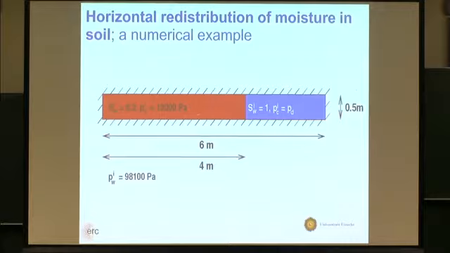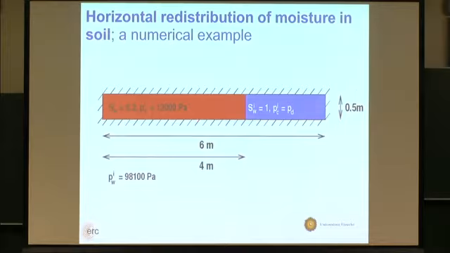At time t equal to 0, we remove a barrier between them. Saturation here is 1, here is 20%, and at time 0 we removed a very tiny barrier, less than 100 microns thick. Then redistribution will take place. From the wet part, water will go to the dry part. The reason it goes is that the dry part is sucking the water.